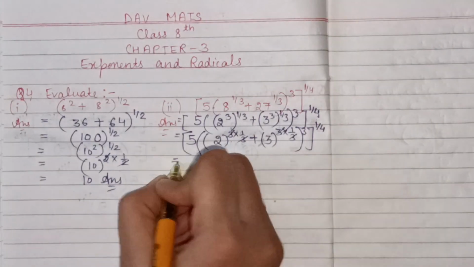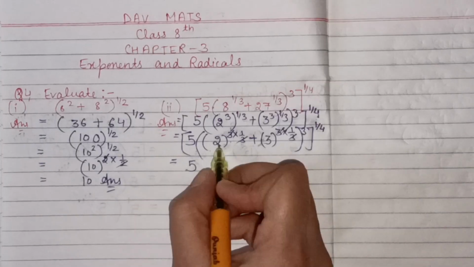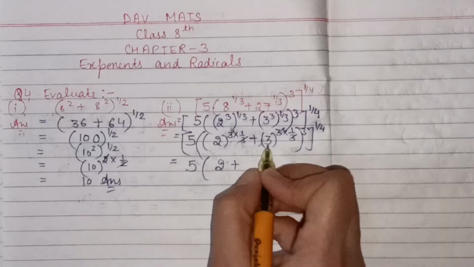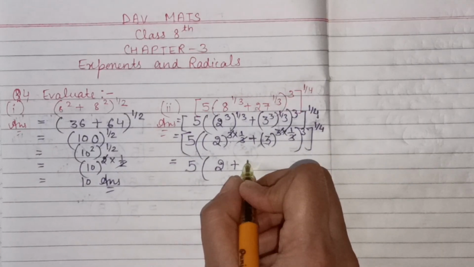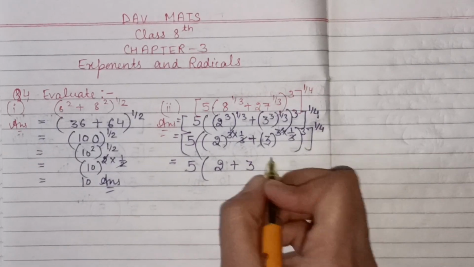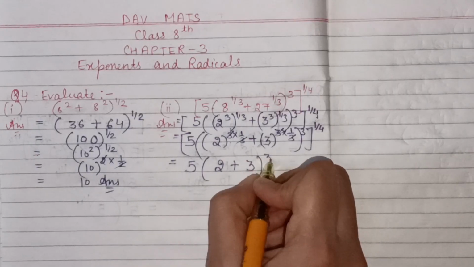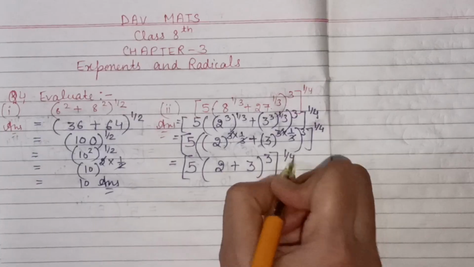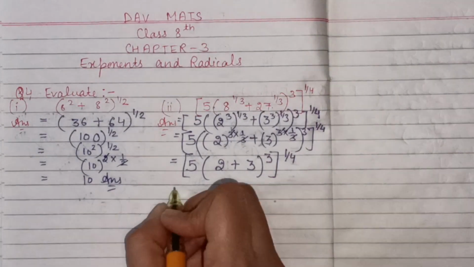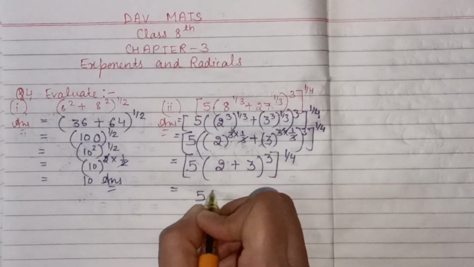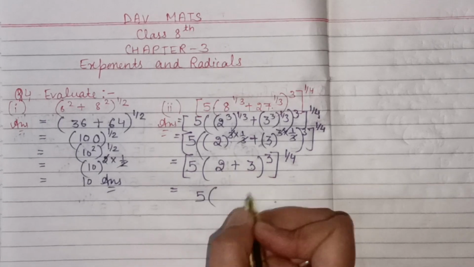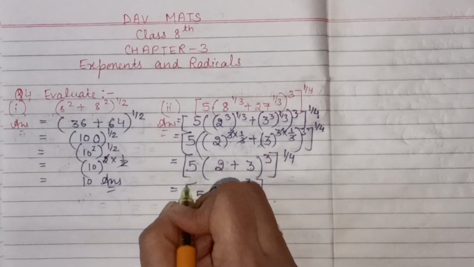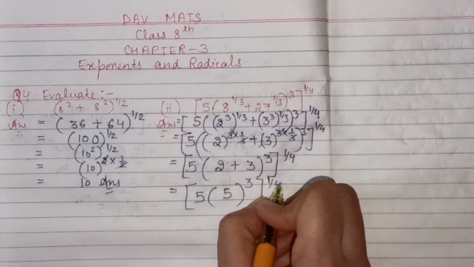So I write 5, then 2 raised to power 1, which is equal to 2, plus 3 raised to power 1, which is equal to 3, and after the bracket 1 upon 4 is the whole exponent. This is equal to 5, then in the bracket 2 plus 3 is equal to 5 raised to power 3, then the whole exponent is 1 upon 4.